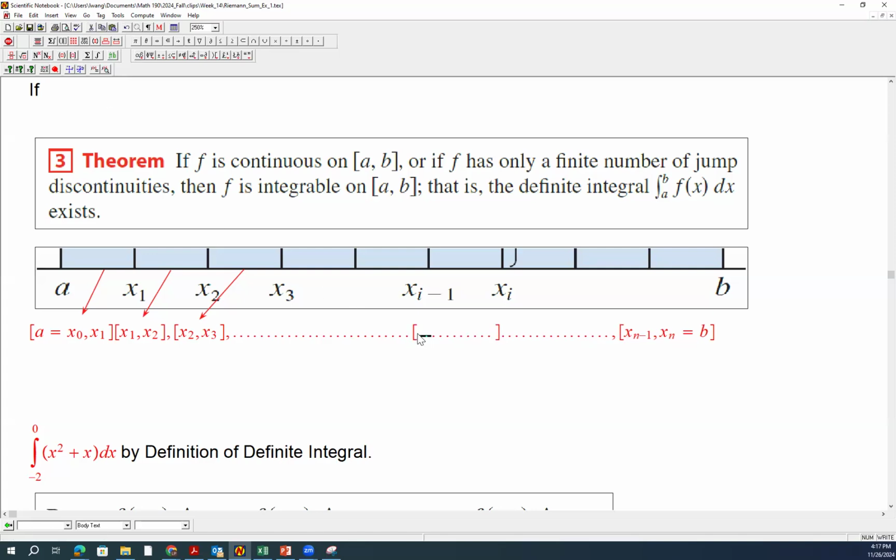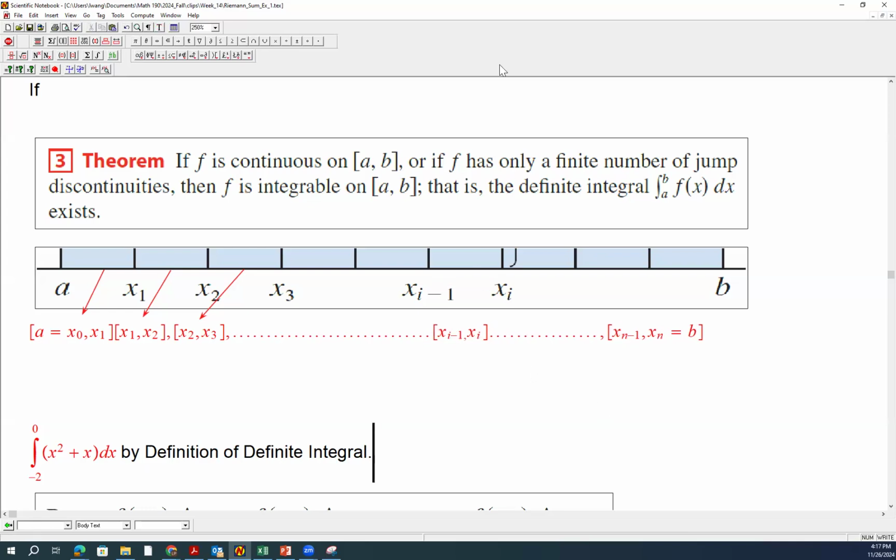The ith interval is x sub i minus 1, comma, x sub i. So we're really getting into the devilish details, but it's just algebra.